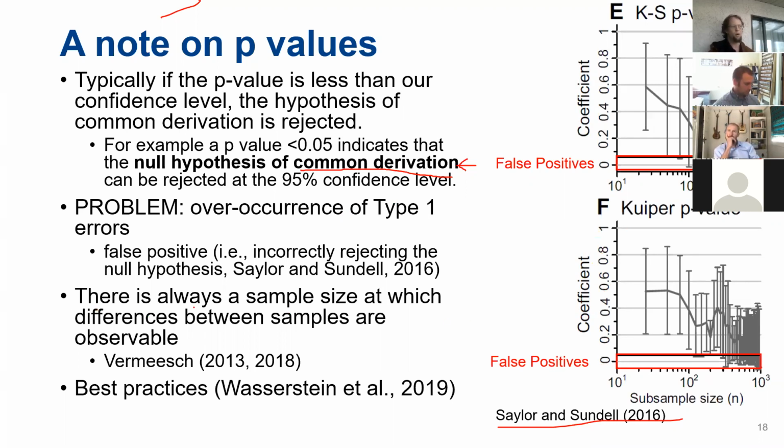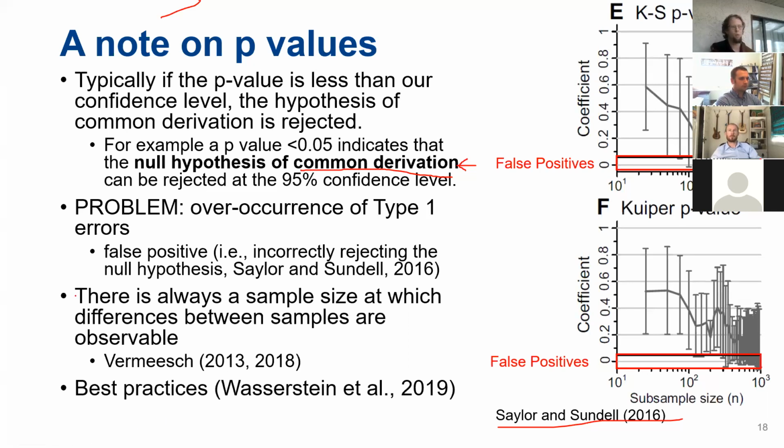Part of the problem is that there's always a sample size at which the differences between those samples become, quote unquote, significant. So if you draw 10,000 samples, the test says that at n equals 10,000, any deviation between these populations is significant. And there are going to be deviations between the populations just because there's natural variation.